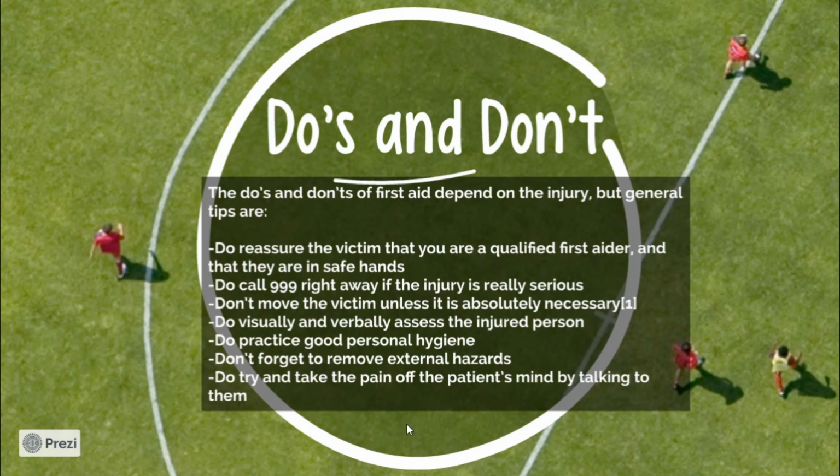Okay, fourth, do visually and verbally assess the injured person. You are going to use communication with the victim, so that you can ask what he or she currently feels, for example if he or she is dizzy or having blurry vision.